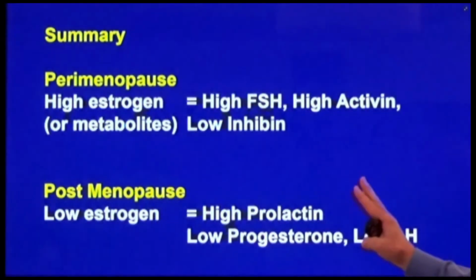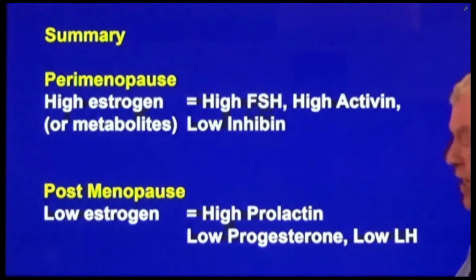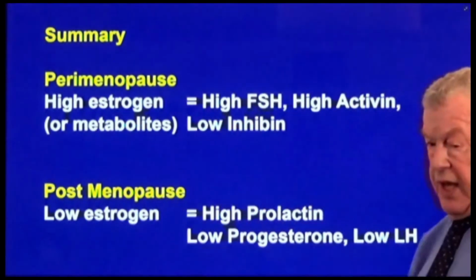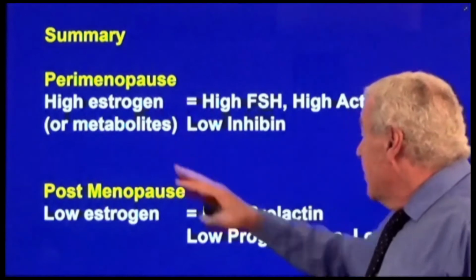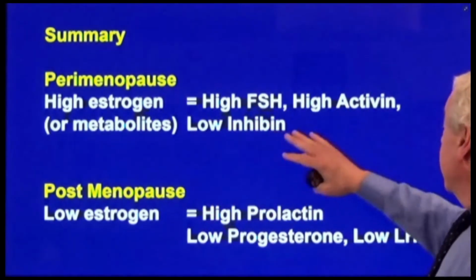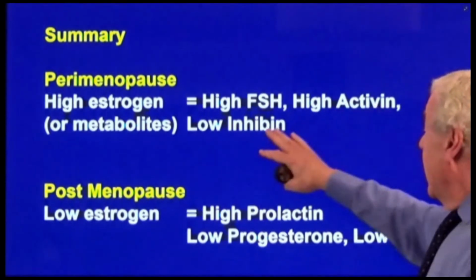So in summary, perimenopause generally is indicative of high estrogen or one of the estrogen metabolites, as we're going to talk about. And this equates then to high follicle stimulating hormone, high activin and low inhibin.